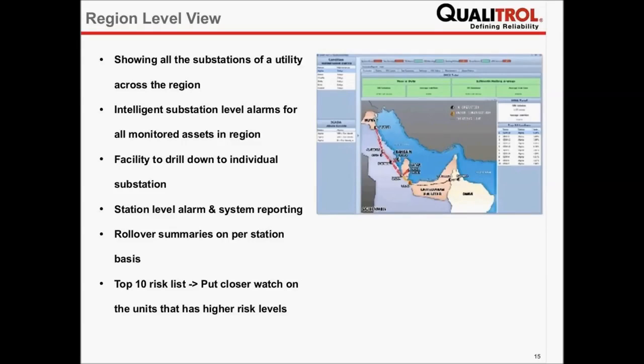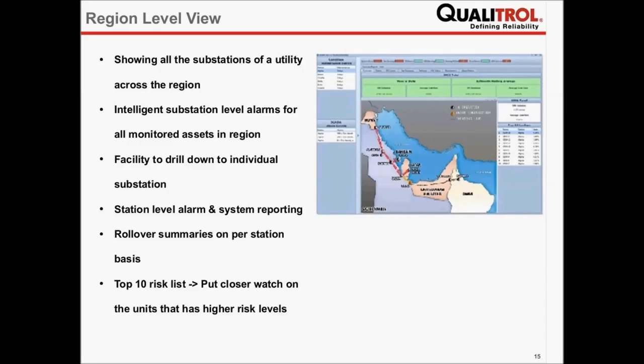So sitting at the corporate headquarters, if you are seeing your region level view and everything is green, it means all of your substations are working fine. If any substation is blinking red, yes, you have a problem in that substation. You then drill down into that substation, and it should take you to the substation level view.